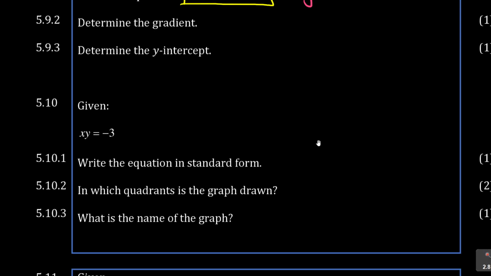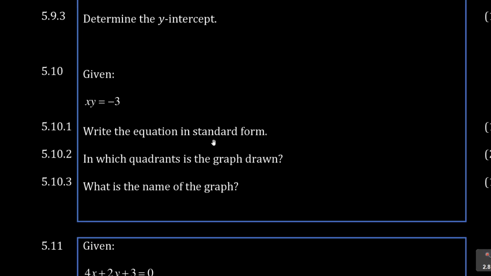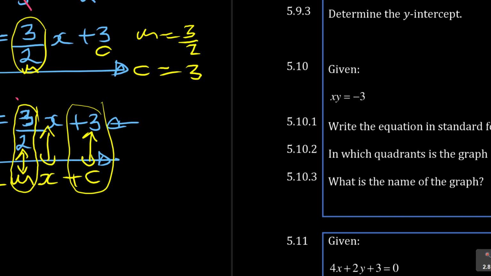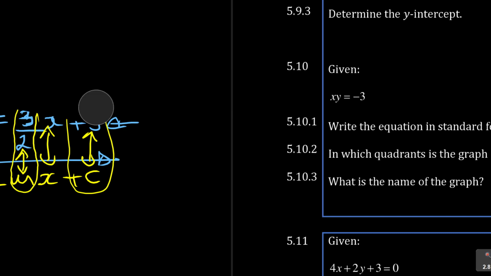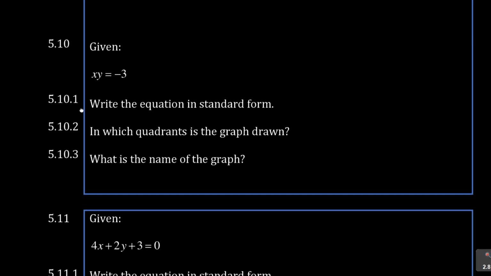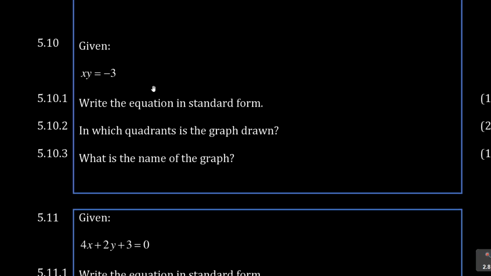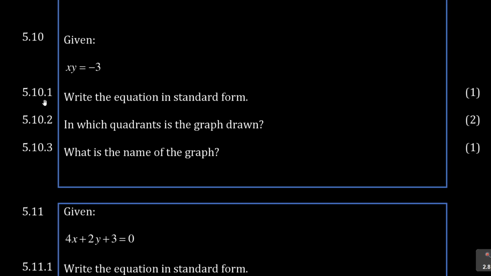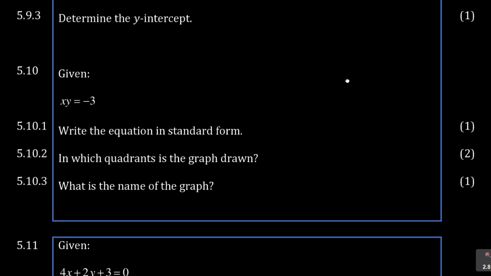Yeah, definitely. And then let's look at this other one again. Let me erase a few things here. 5.10. It says here you are given xy is equal to minus 3, right? And then point 1 says write the equation in standard form. There is another type of standard form.